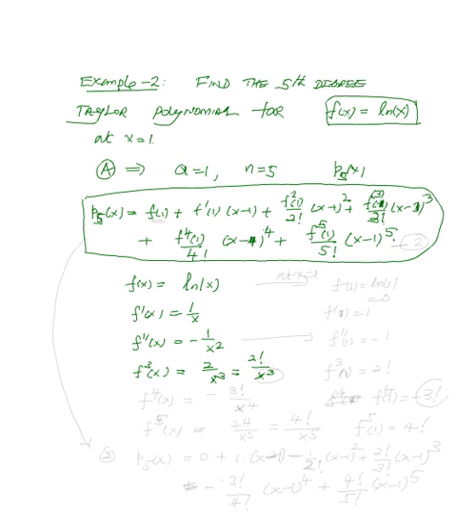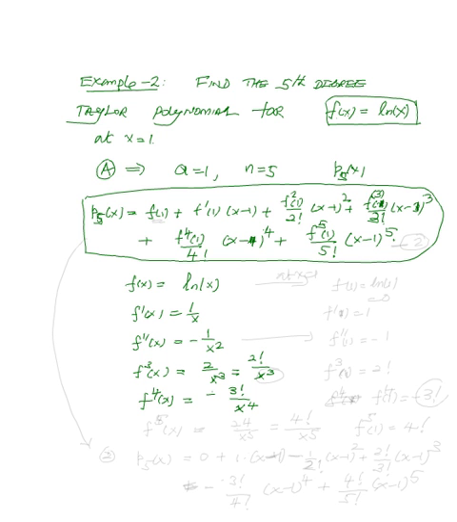Then if I go for the fourth derivative, this is negative 6, but I am writing that as factorial 3 divided by x to the fourth power.